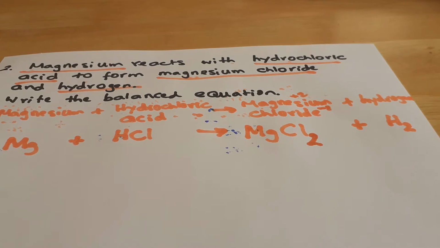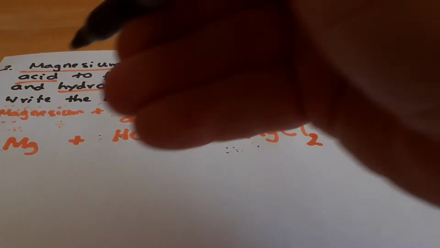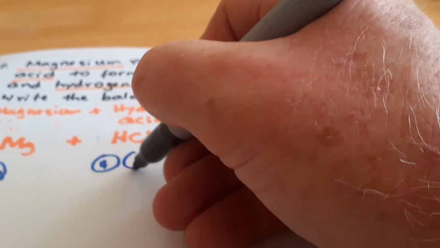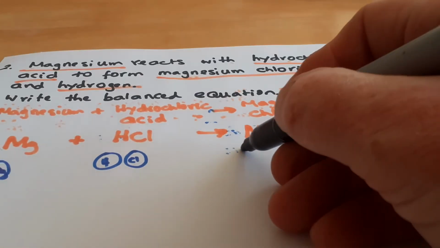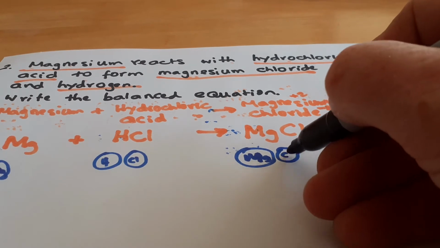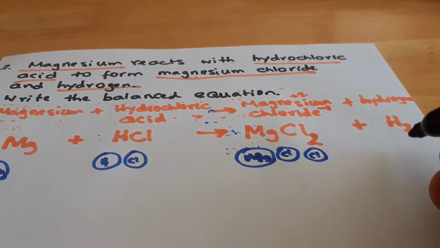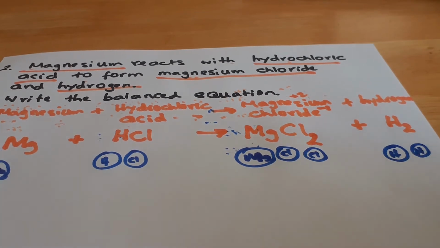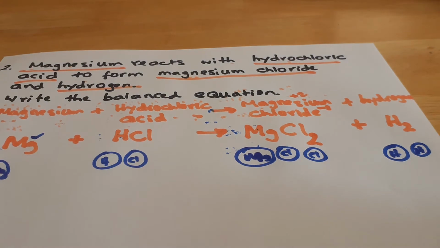Now, let's do our usual balancing drawing up. So we've got 1 magnesium, we've got hydrogen, we've got chlorine, we've got magnesium, and 2 chlorines, we've got 2 hydrogens. Now, 1 magnesium, 1 magnesium, so they're balanced. 1 hydrogen, 2 hydrogens.